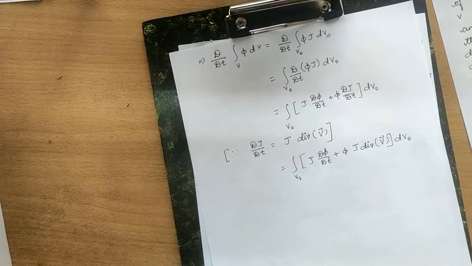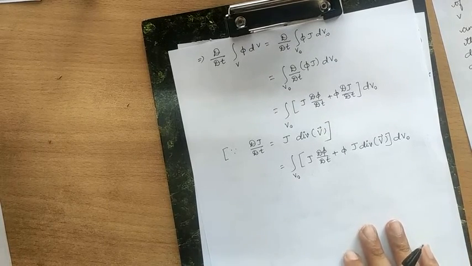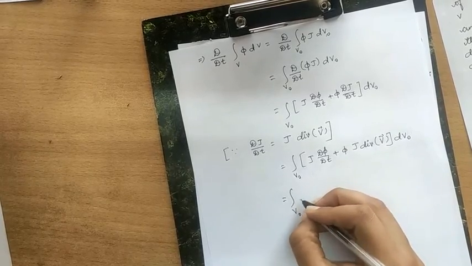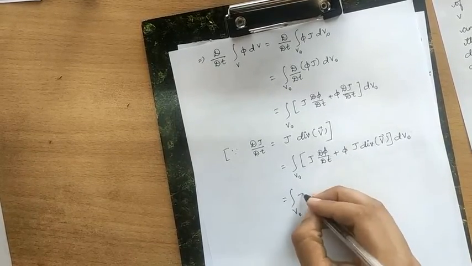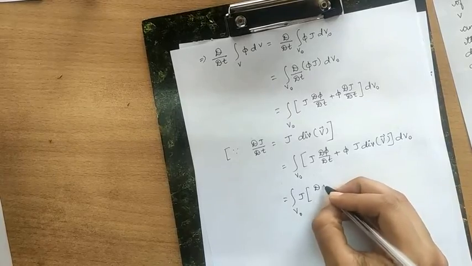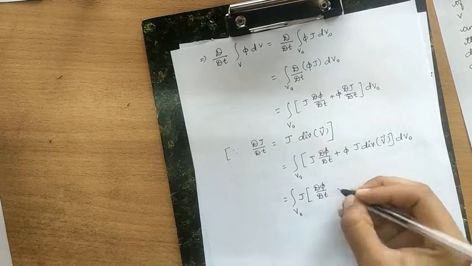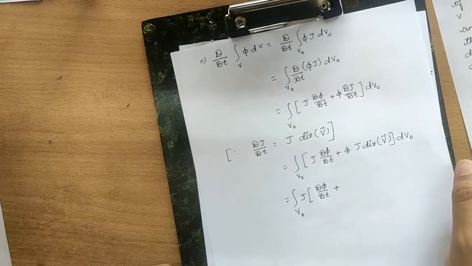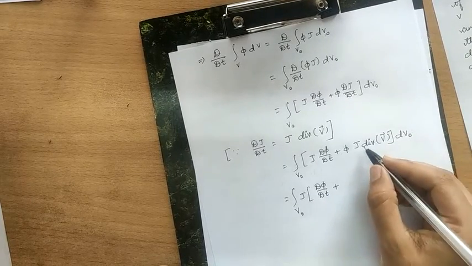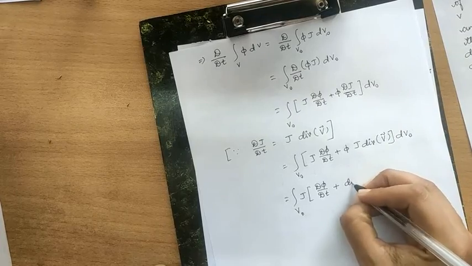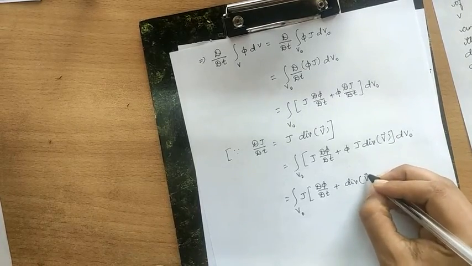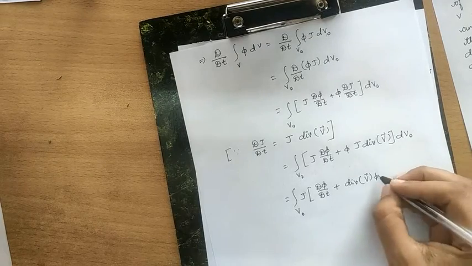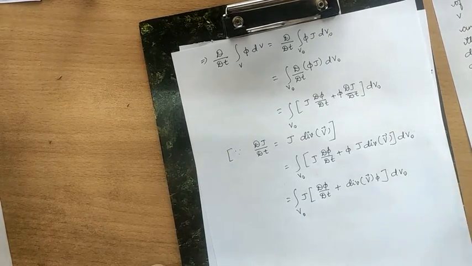Okay, so further, how can I write this? Integral over V0, I will take J outside. So d phi by dt plus, again using vector identity, divergence of v into phi, dV0.